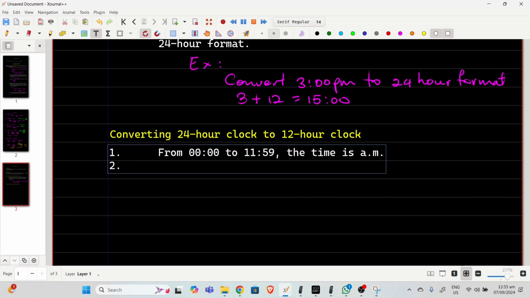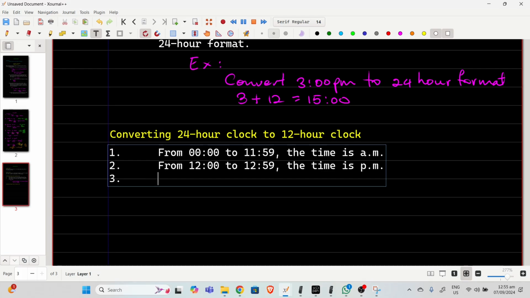And then from 12:00 to 12:59, the time is PM.